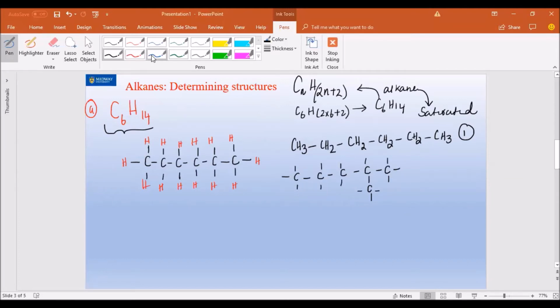Make sure that every carbon has 4 bonds, and the hydrogen count when you finish should match the total hydrogen count, which should be 14. If you have more or less, then you have made a mistake somewhere, and you just have to go fix it. Please do not connect these two hydrogens here.